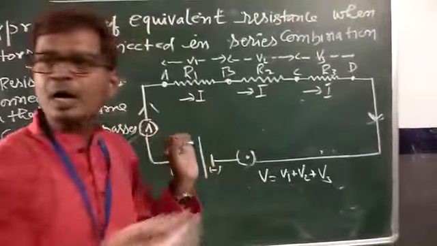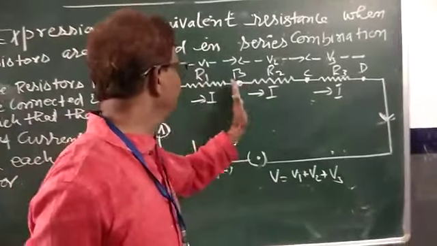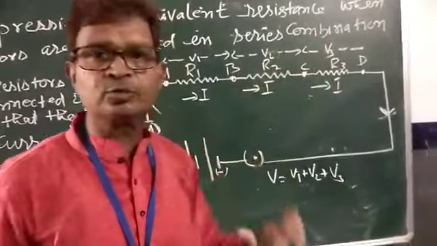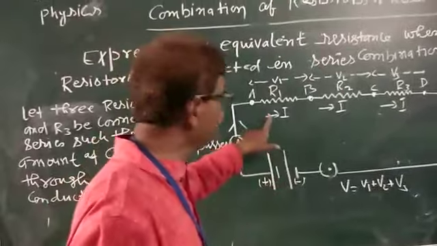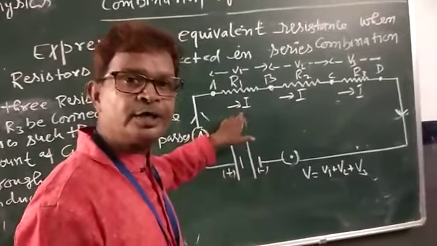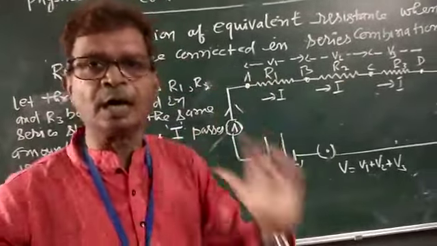These resistors are connected end to end. See here, B is connected to C is connected to D. According to the definition of series combination, same amount of current I passes through each of the resistors R1, R2 and R3.